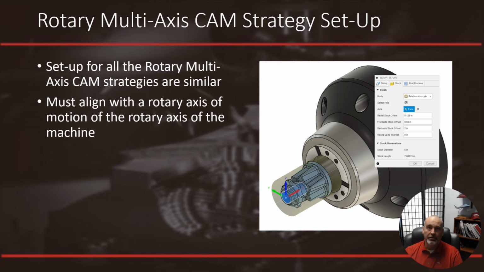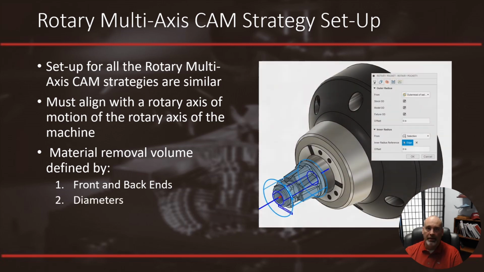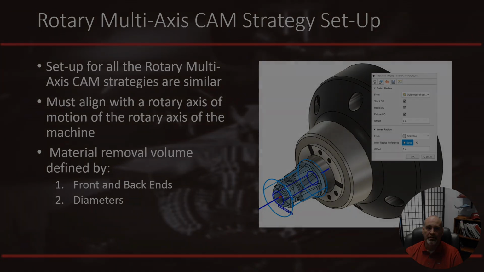They must be aligned with the rotary axis motion of the machine. And material removal volume is defined by front and back ends in the geometry tab, and diameters on the radii tab, with the rotary contour and rotary pocket requiring inside and outside diameters to be defined, and rotary parallel only requiring an outside diameter to be defined.